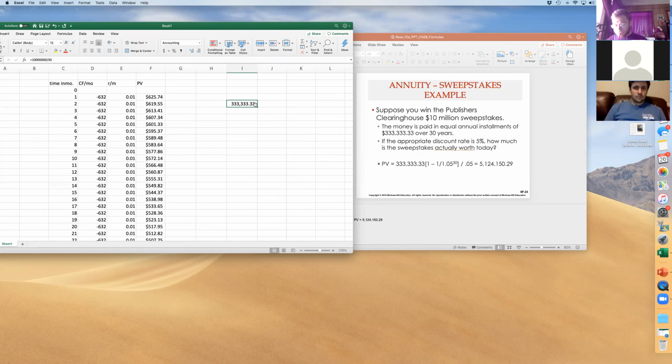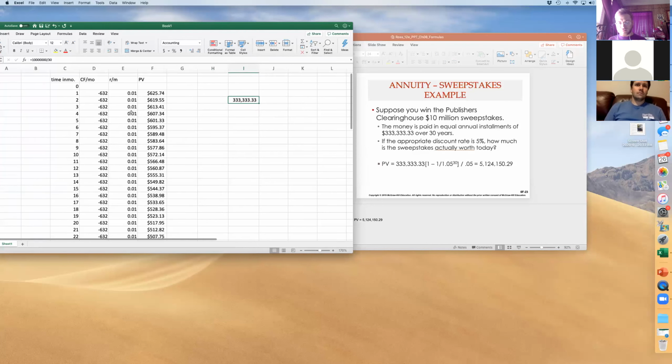So that $10 million sweepstakes is really not worth $10 million. They're not going to give you a check for $10 million today. They're going to give you a choice, and the choice is going to be between this annuity and some lump sum value. The question is, what is that lump sum value? And the next question would be, should you take the lump sum or should you take the annuity?